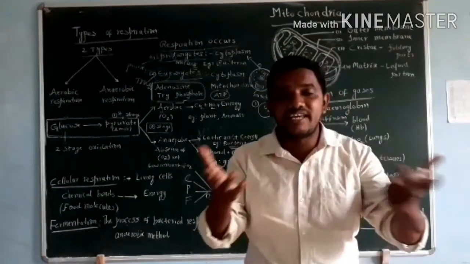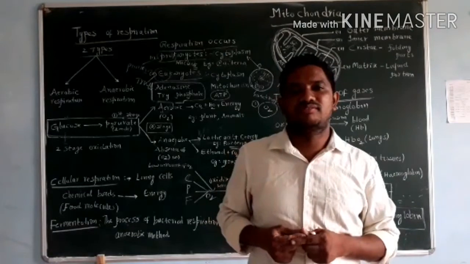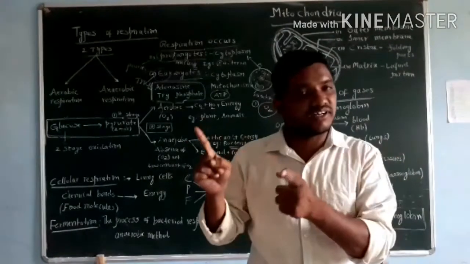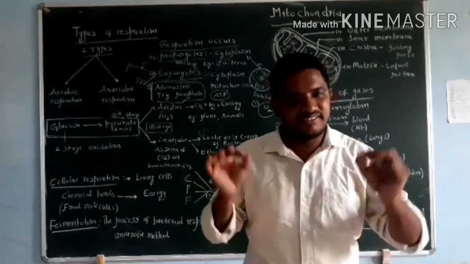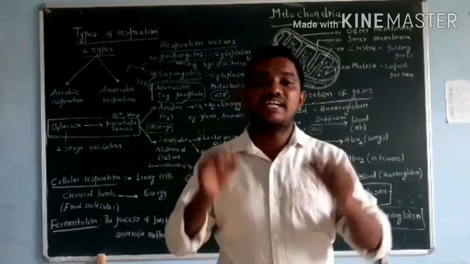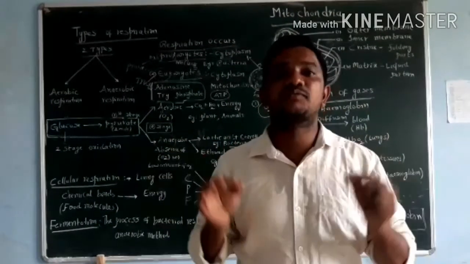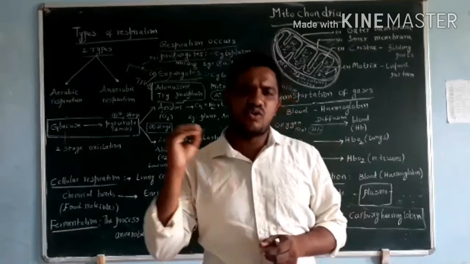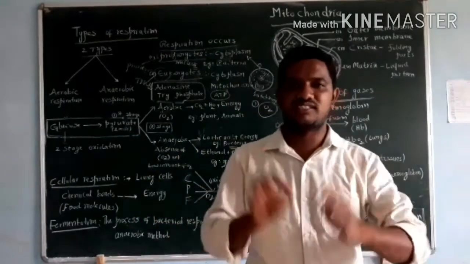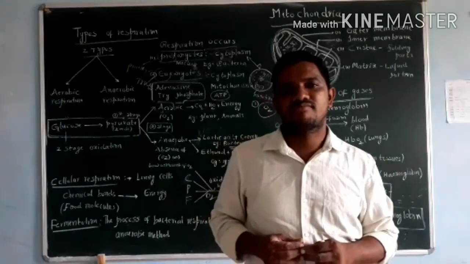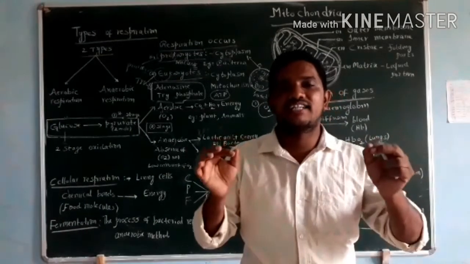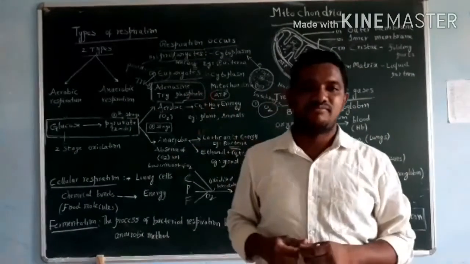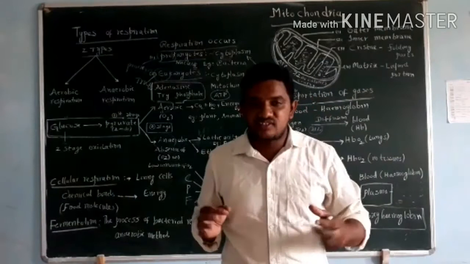What is the medium in our body? Is there any medium for transportation of gases in our body? Yes, there is. Blood is the medium of transportation of gases, either oxygen or carbon dioxide, whatever it may be. Blood is the transport medium of gases.